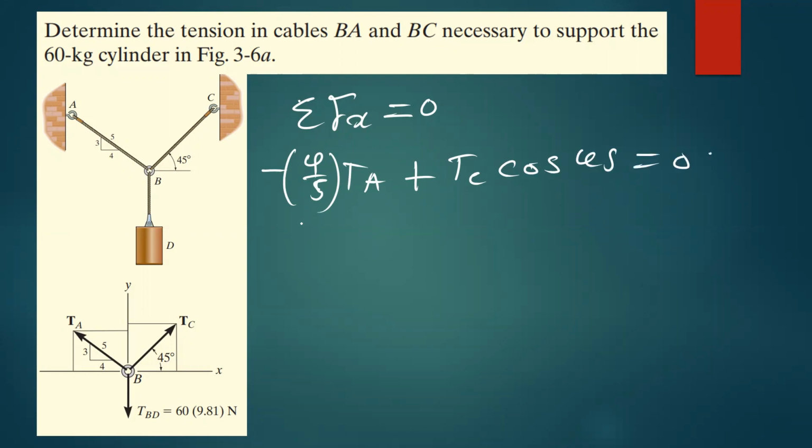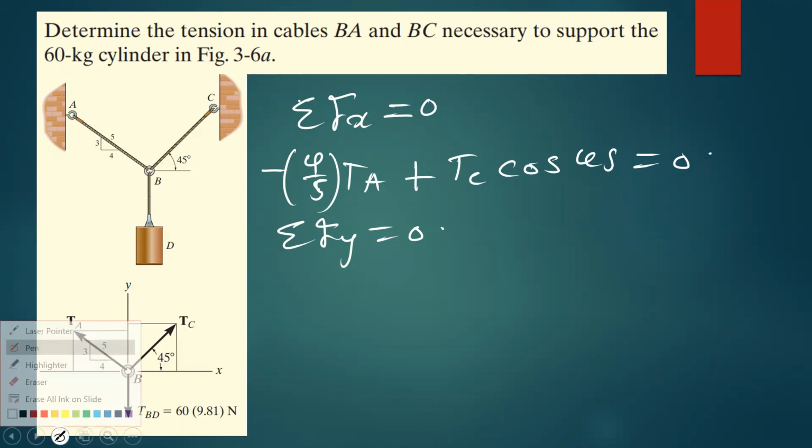Then in the Y, the summation of forces in the Y is going to be equal to, so we have 60 times 9.81. Oh no, the solution was just okay, but the problem was here, supposed to be 588, this one.